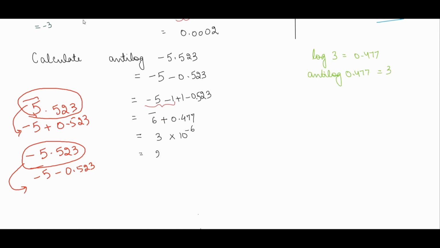Or agar actual dekhoge, exact wahan se dekhoge, so you will read the value there in the log table as 2999. So write it as scientific notation 2.99 into 10 to the power minus 6, which is the same number as this. So I was about to tell you, children, another point I want to tell you. जैसे यहाँ पे हमने इस तरह से किया है, minus 5, minus 1, plus 1. You could have also done it this way.